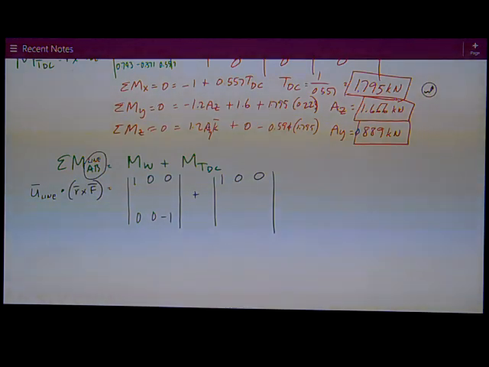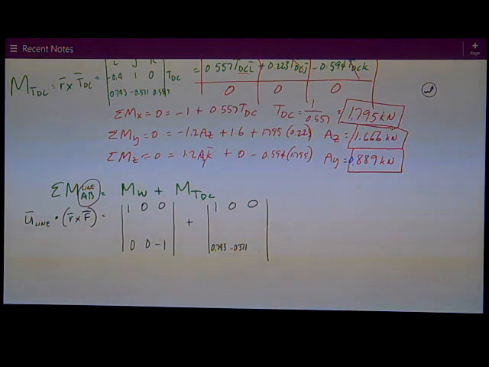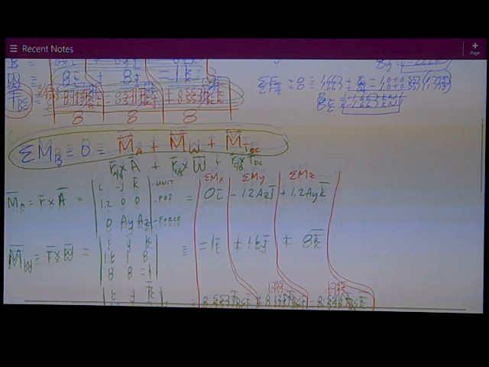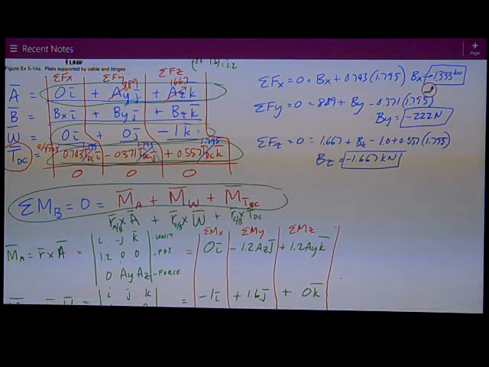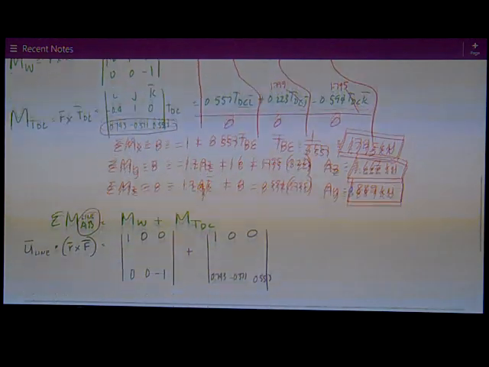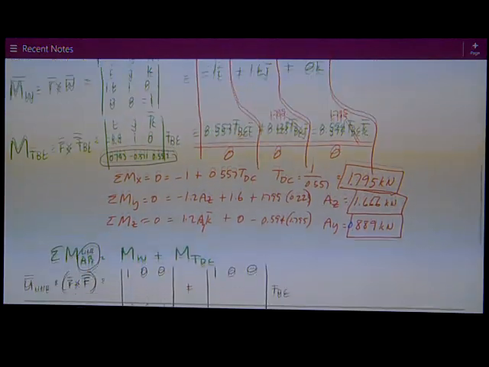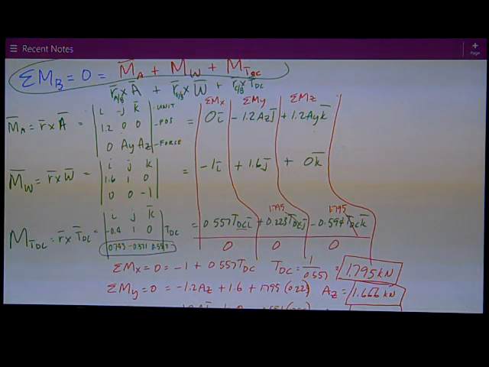And for the force in the cable, it's these numbers up here, 0.743, negative 0.371, and 0.557. These are the components of TDC, which I got up here and also showed down here in this determinant. And this is all times TDC. Then what I need is a position vector from the line, any point on the line, to any point on the force.